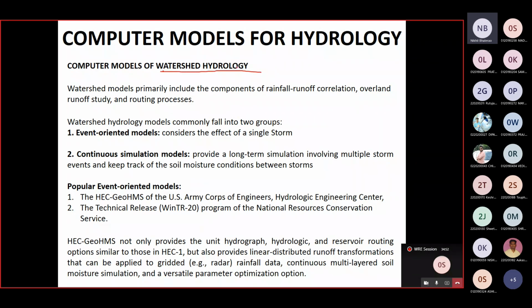First one. So watershed models are primarily going to include the components of rainfall and runoff correlation. You have to remember this: rainfall and runoff correlation. Along with that, we can also study overland runoff.